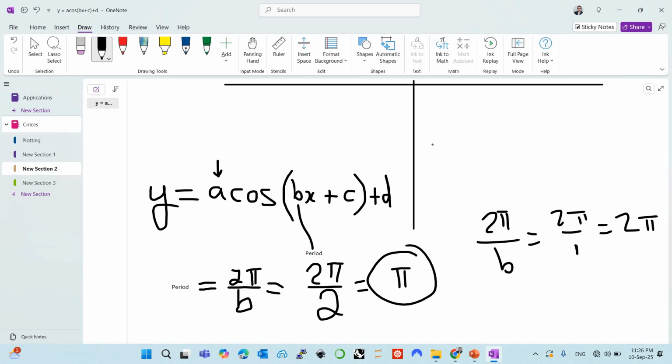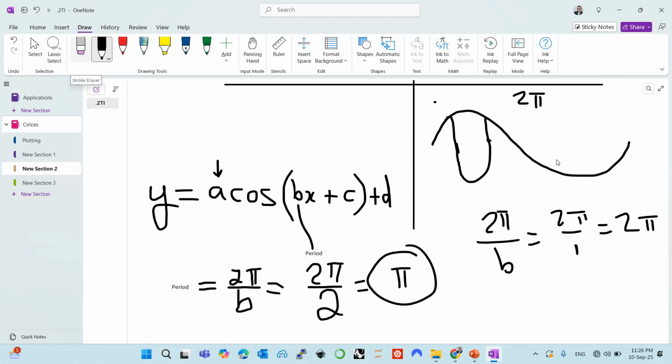And if we want to visualize this, take a one wave. Let's assume that the period is 2 pi. For a period of pi, this will be compressed like this, to this point.